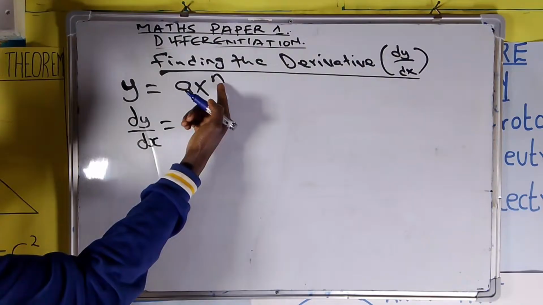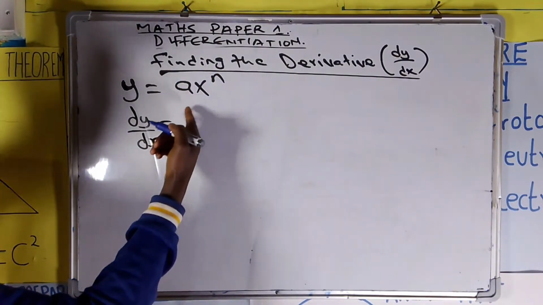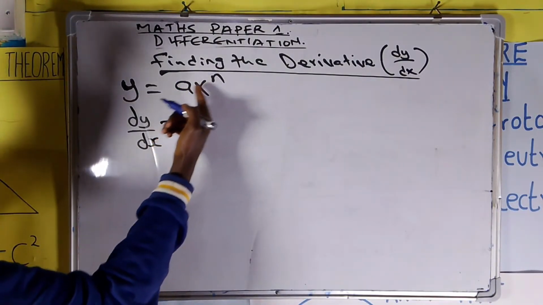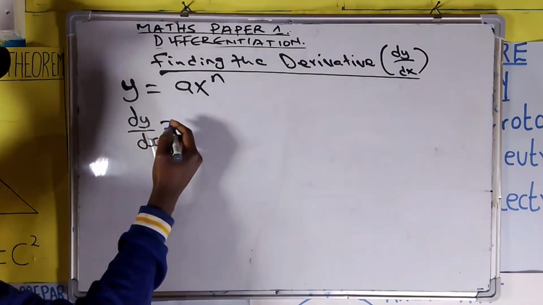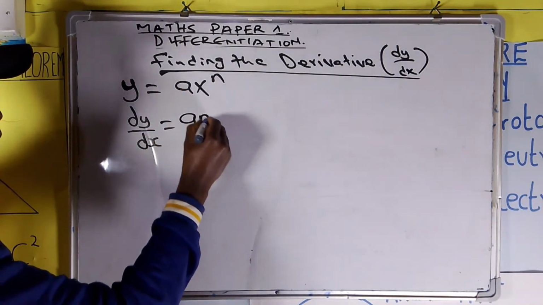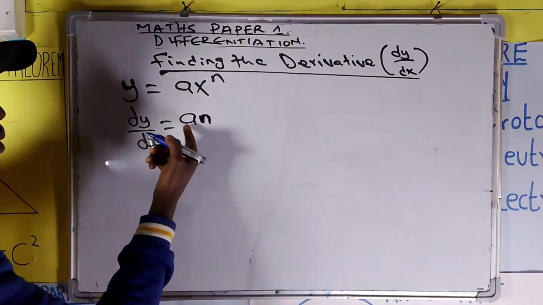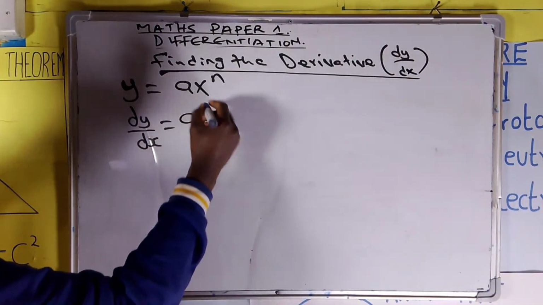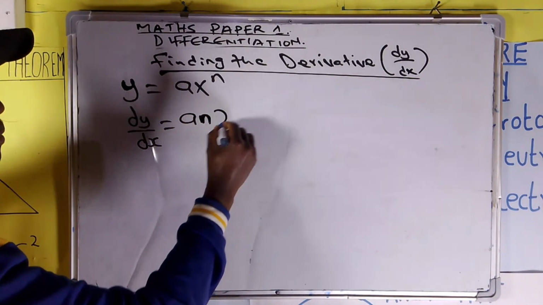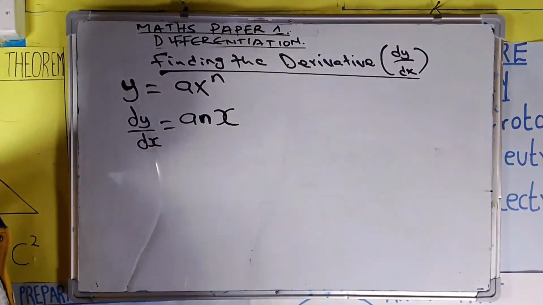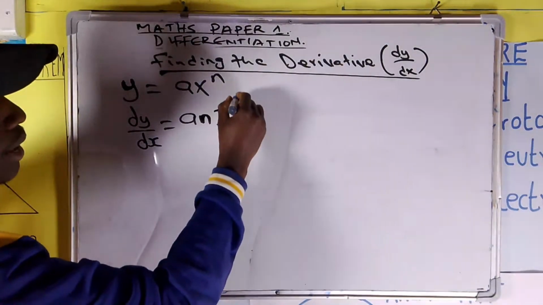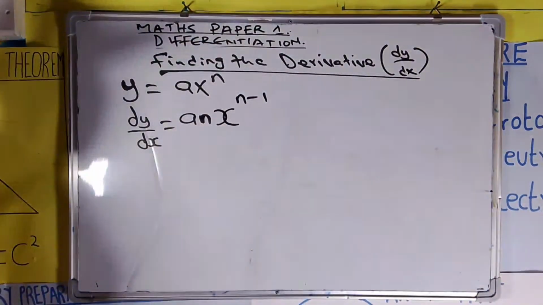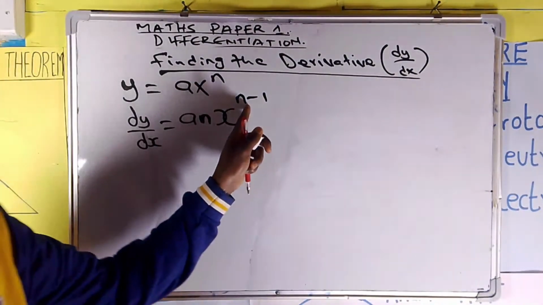We take n and multiply it with a. So the power multiplied by the coefficient is going to be an. Then x will remain there, and the power n will reduce by 1.